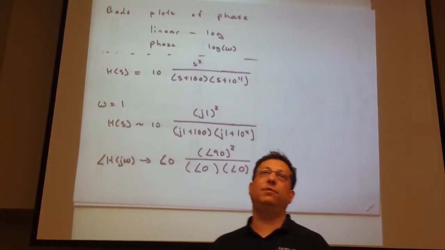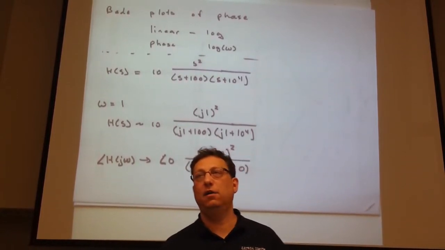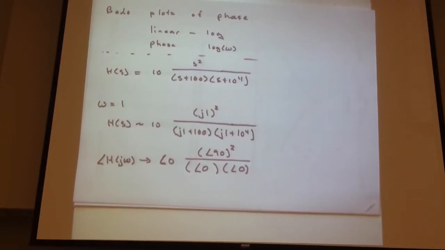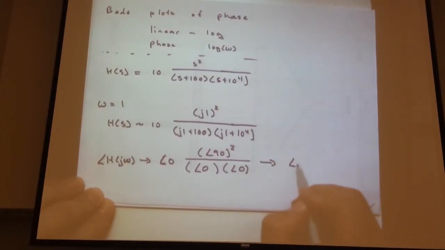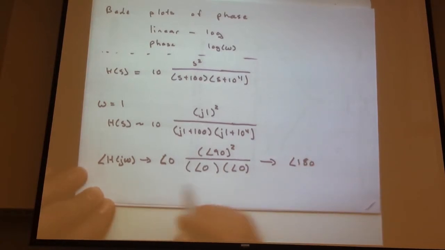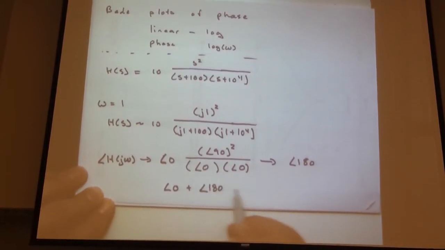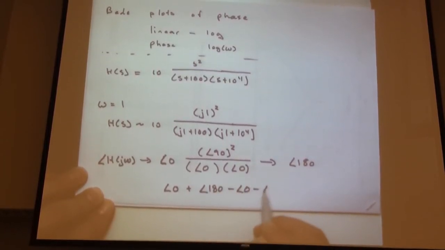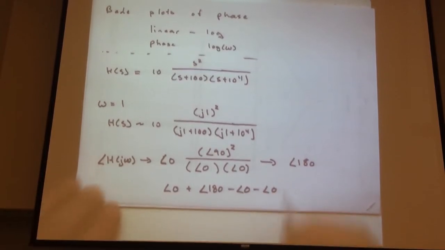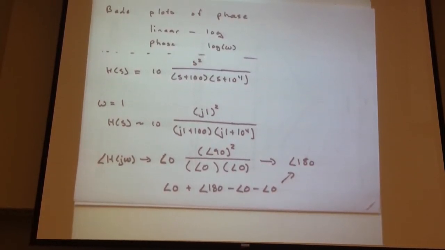Squared is something times something, so what do we do with the angle there? This winds up being angle 180. So effectively, just to write things out, we have angle 0 plus angle 180 minus angle 0 minus angle 0, giving us angle 180. Do we agree?